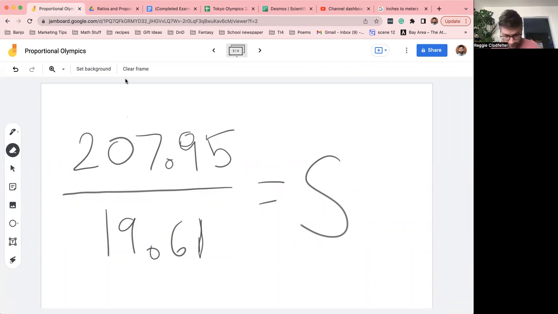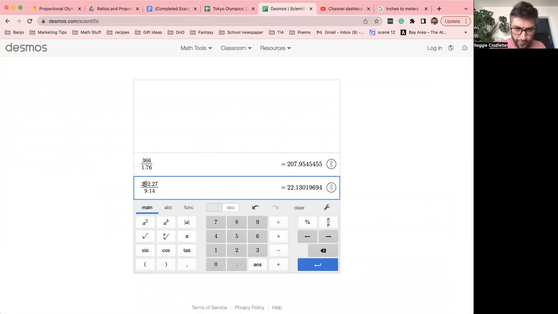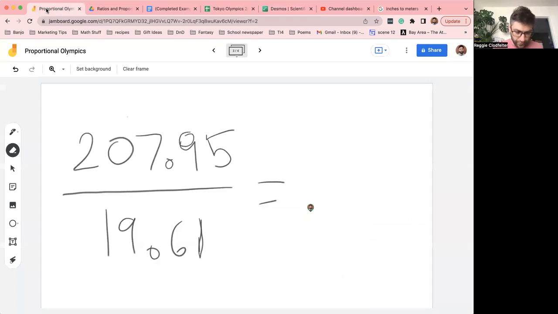On the calculator, 207.95 divided by 19.61 gives you 10.6. That's a speed in meters per second.